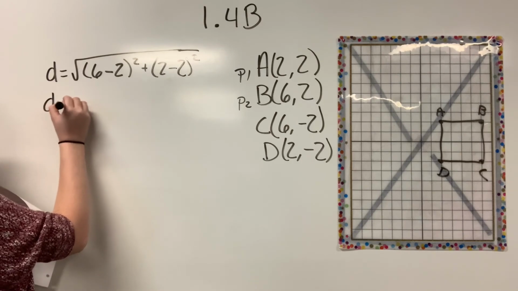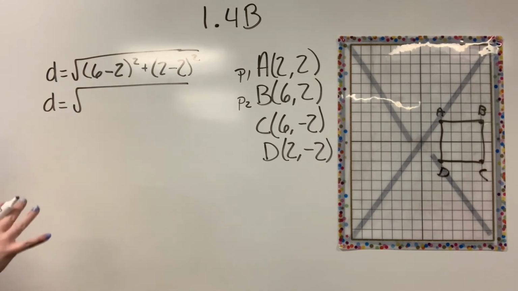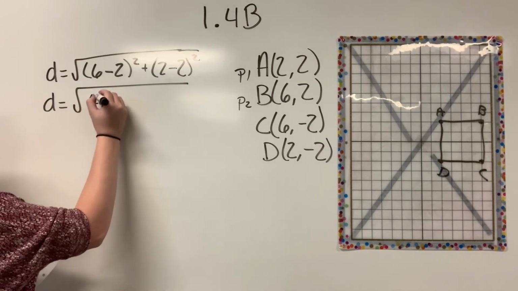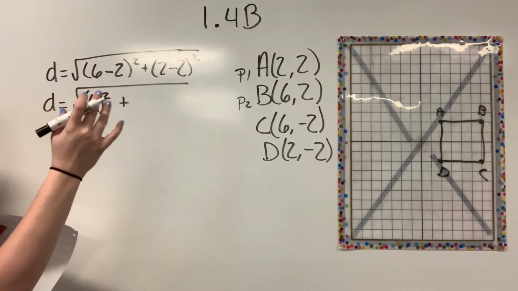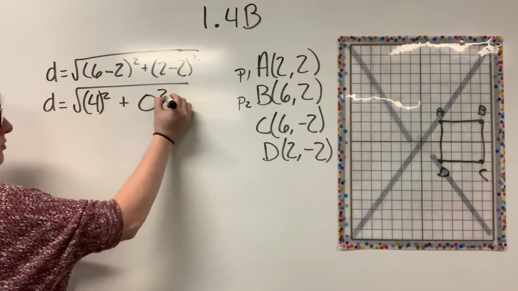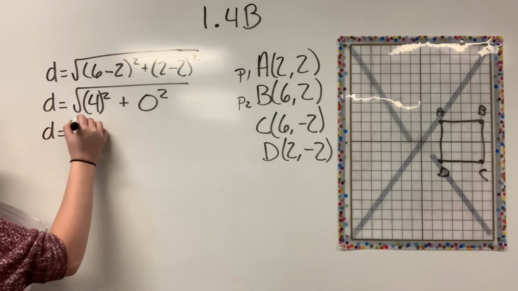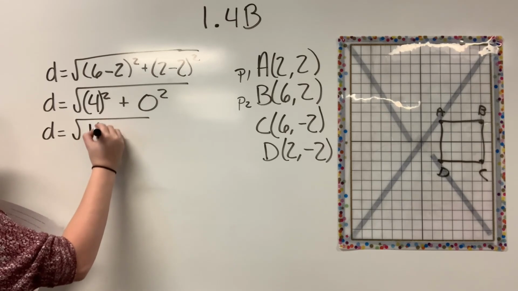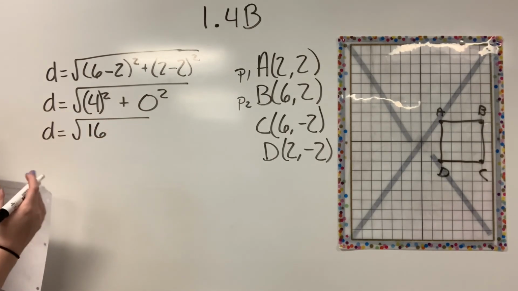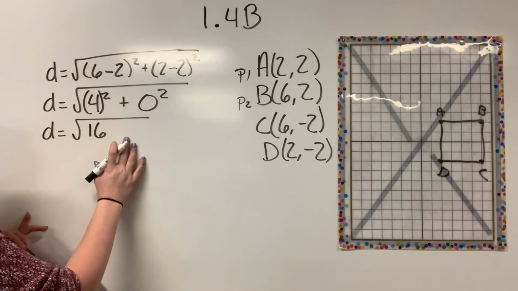We have to simplify, but we keep our d is equal to our big old square root. 6, take away 2, gives you 4 squared, plus 2 minus 2 gives you 0 squared. D is equal to the square root of 4 squared, or 4 times 4 is 16, plus 0 squared, or 0 times 0 is just 0, so I'm not going to write that down.